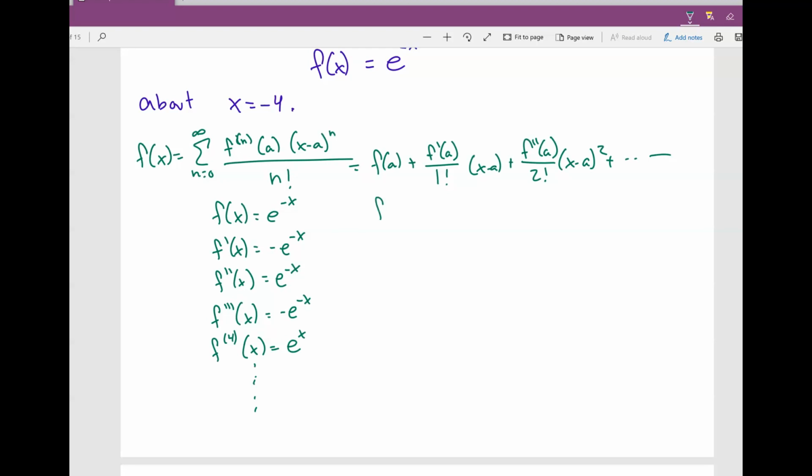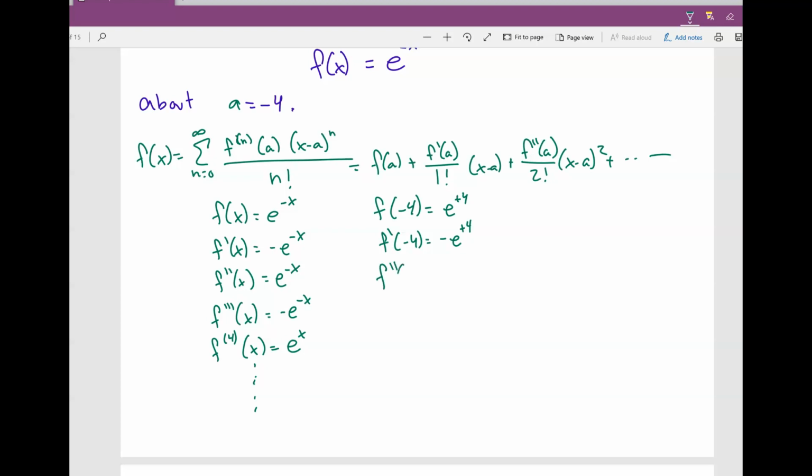And then all we're going to do is plug in x equals, oh, this should be a. Well, a equals -4. So now we're going to plug in -4 in here. So f of -4, that's going to give me e to the 4. Then f prime of -4, that's going to give me negative e to the 4.